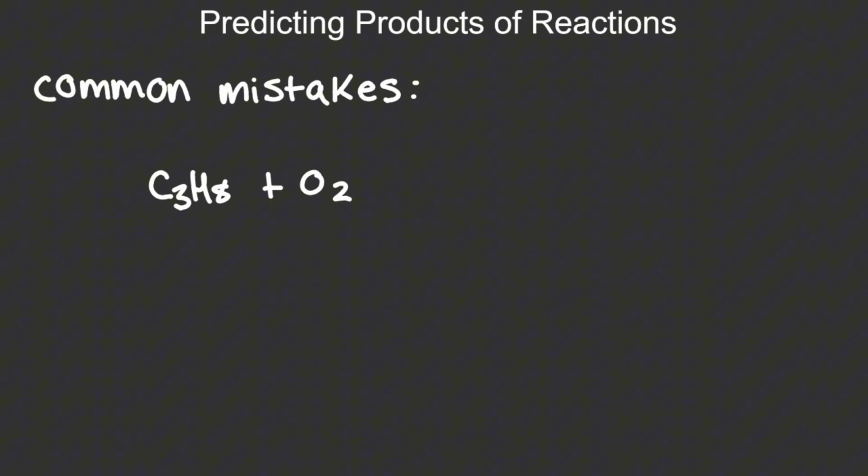A very common mistake, and it applies to every single type of reaction, is where people just predict what the coefficients will be without actually knowing what the products are. Don't do that. Predict the products first, then balance.